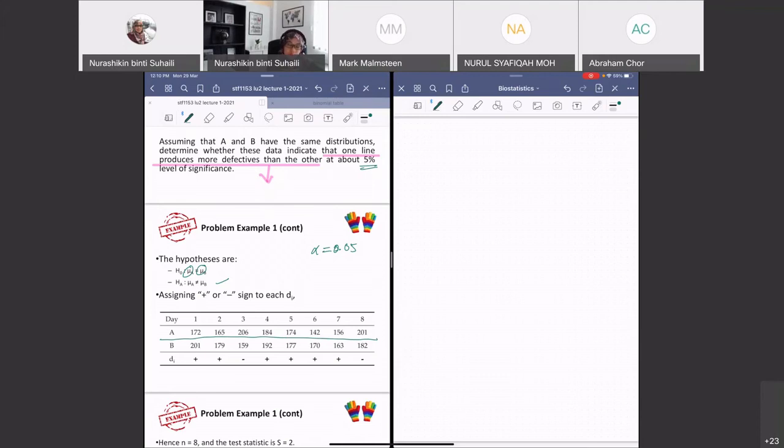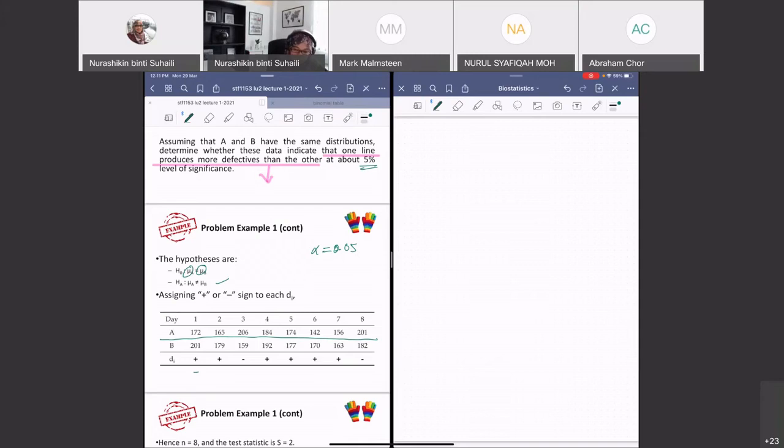If you compare from the point of view of A, 172 is less than 201, so it should be negative, but here it says positive. So you have to be consistent throughout your comparison.